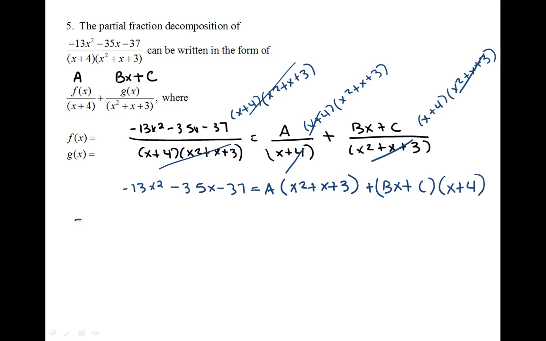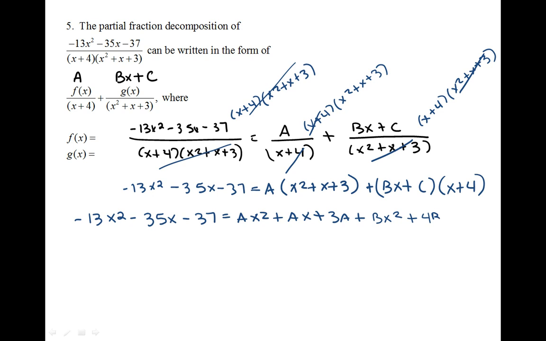So we have negative 13x squared minus 35x minus 37 equals ax squared plus ax plus 3a plus bx squared, FOILing, outer plus 4bx, inner plus cx plus last, which is 4c.